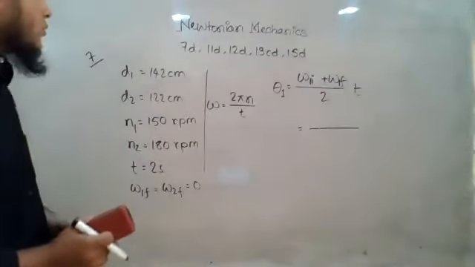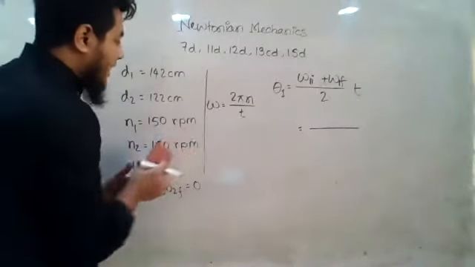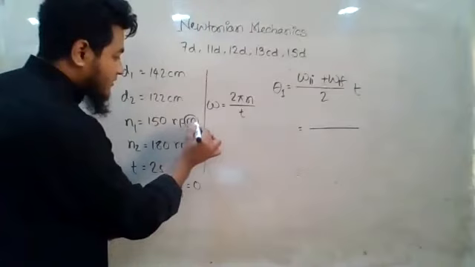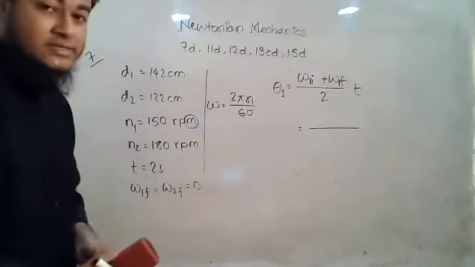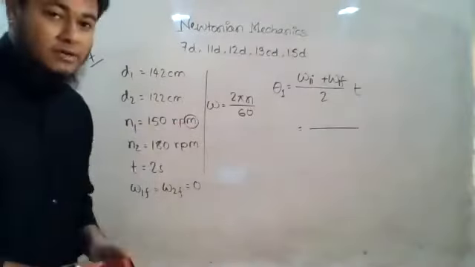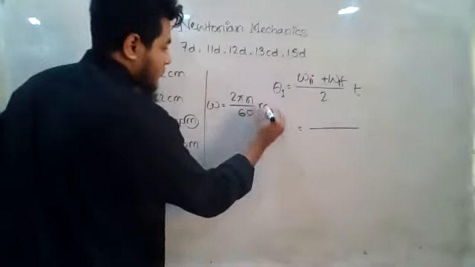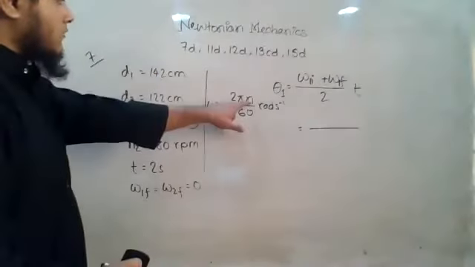This is the original formula, but whenever it is rotation per minute, RPM, the time is 1 minute, which is equal to 60 seconds. That is why we put 60 here. So 2 pi n by 60. If you are converting RPM to radian per second, this will give you the unit in radian per second.